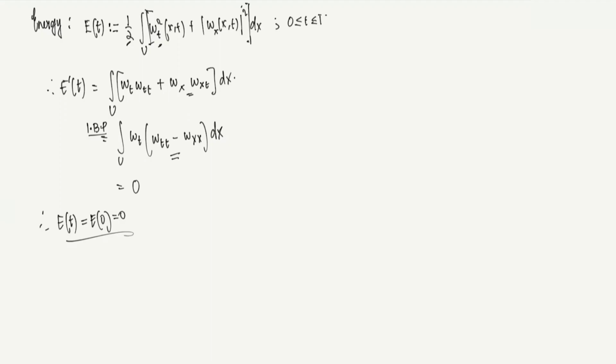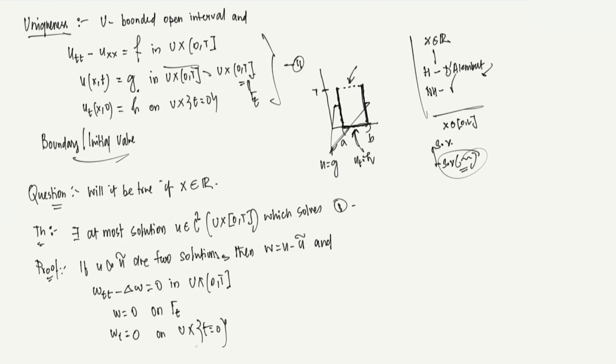Here since E prime t is 0, it means that E is constant. So at any time t, E of t is equal to E of 0, which is 0. And you see W of t equals W of x equals 0. It means W is constant. But we are given that W is equal to 0 at U cross t equals 0.